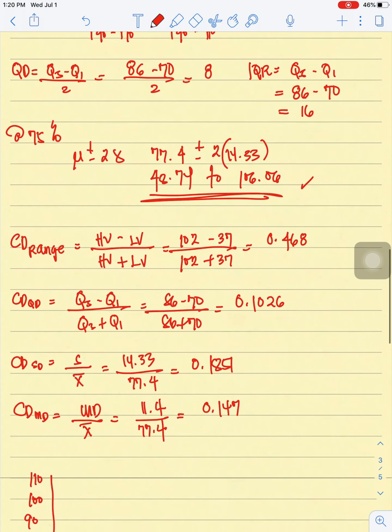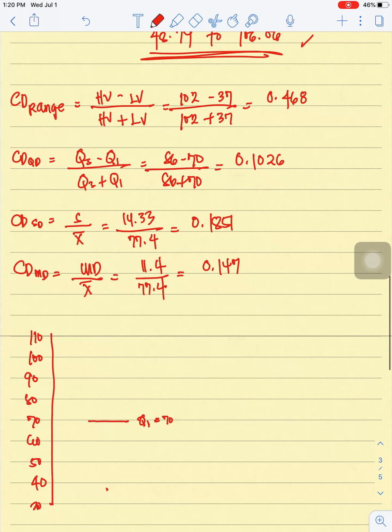Okay, so we have here 77. Then for our third quartile, we have 86.